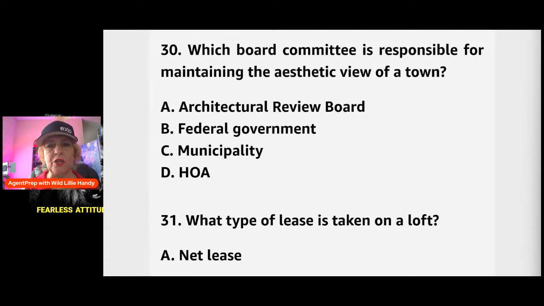That's the architecture of all the homes. An architect is hired to create the building plan or blueprint for any new home. So that's a little keyword that makes the difference. Pay attention to those little keywords. If it had said view of the subdivision, then it would be HOA.